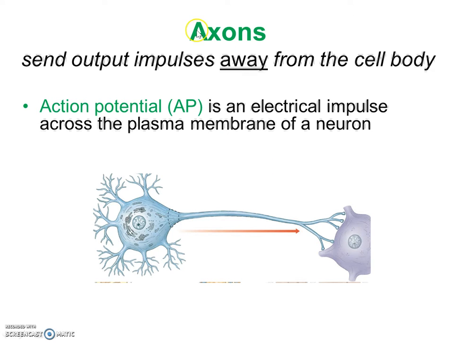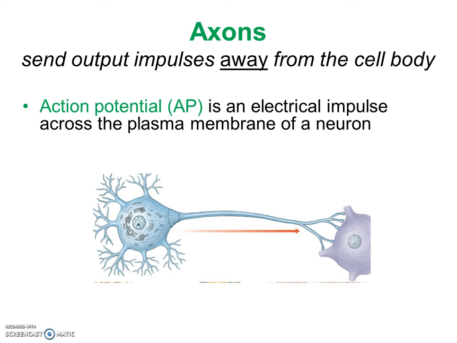So we keep saying this word impulse. So what the impulse is, it's something called an action potential. So the strict definition is that an action potential is an electrical impulse across the plasma membrane of a neuron. So what it really is, it's like an electrical flow of information. So imagine like information flowing down a wire through your computer, right?